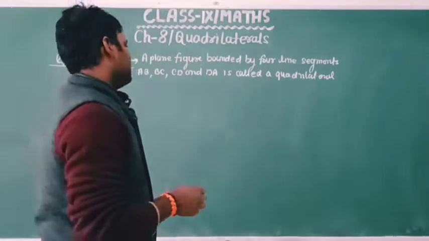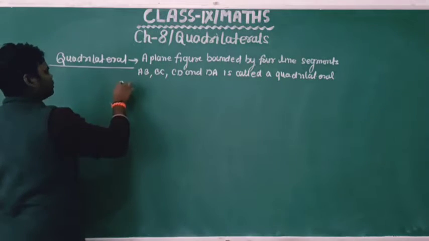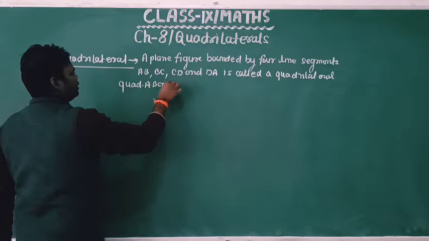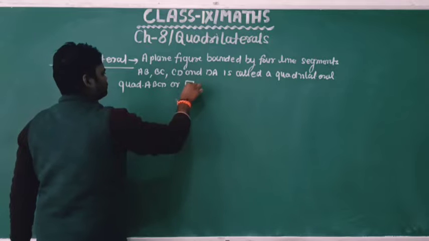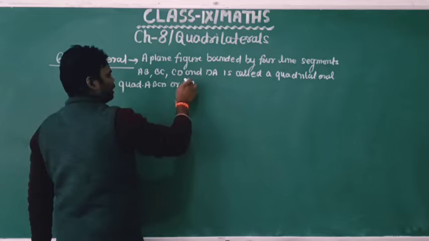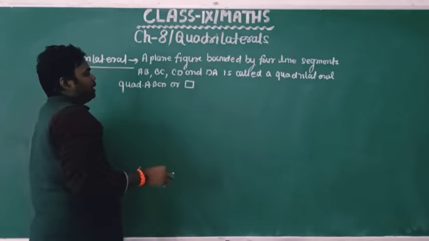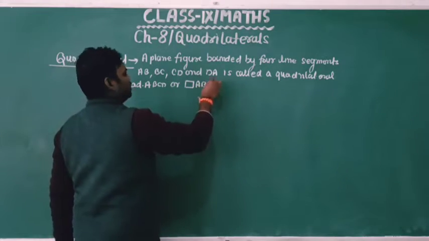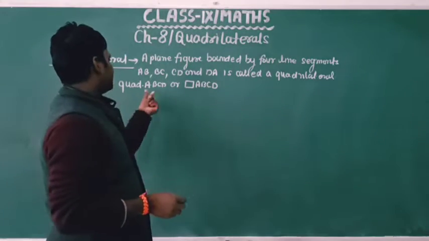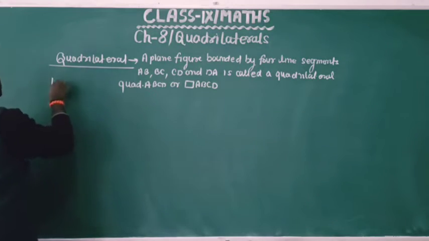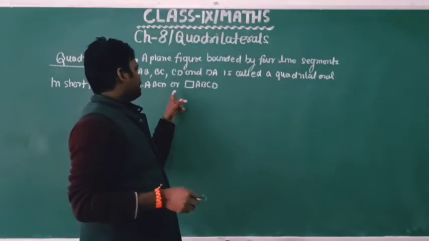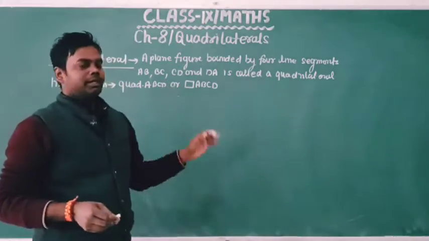In short form it is written as quad ABCD or square ABCD, a plane figure with four sides A, B, C, D.